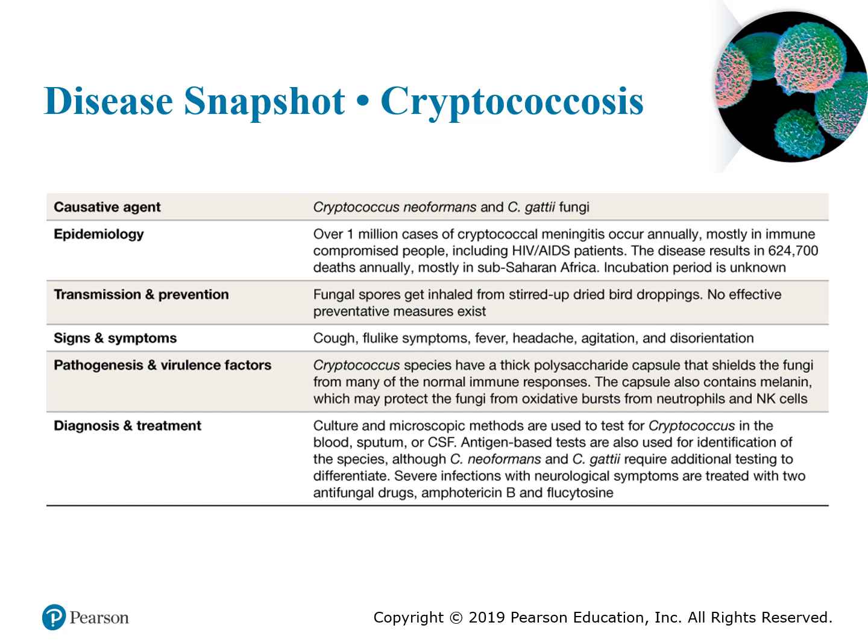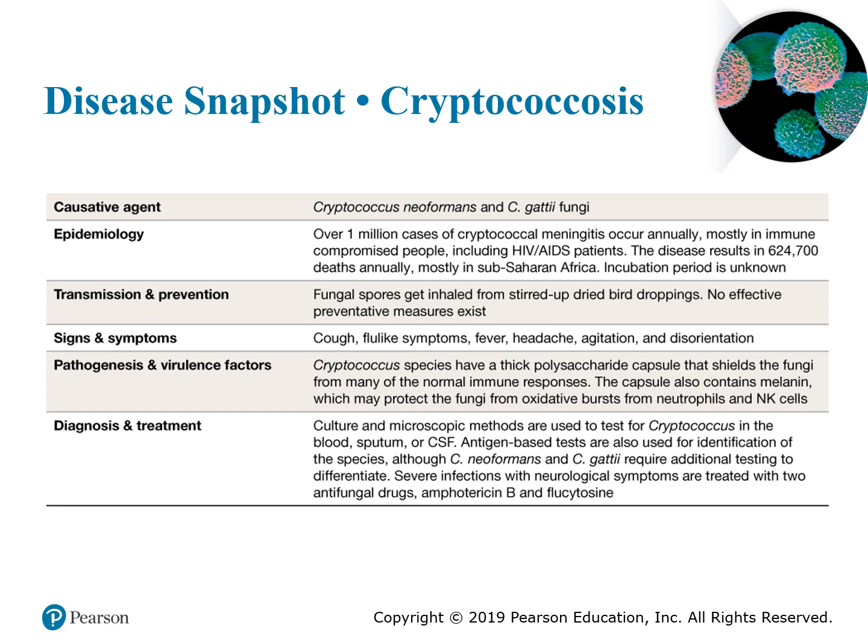And because they have that thick polysaccharide capsule, it kind of protects that organism from the normal immune response of the body. And then it can actually protect that fungus from the actual cells of the body, the neutrophils, to prevent them from actually killing that organism.